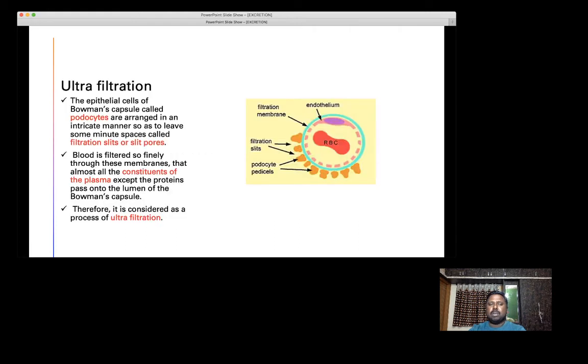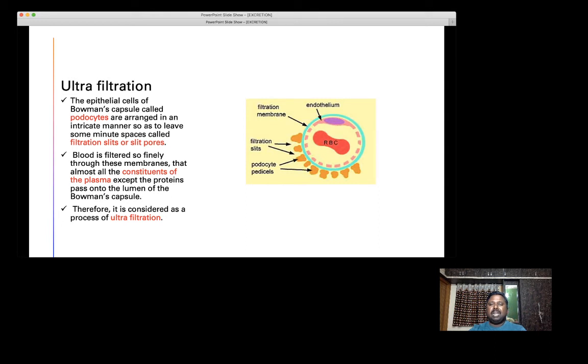Next, another step in glomerular filtration is ultrafiltration. What is the meaning of ultrafiltration? The epithelial cells of the Bowman capsule are called podocytes. See in your diagram, they are arranged in such a manner that they leave minute spaces in between. These spaces are called filtration slits or slit pores.